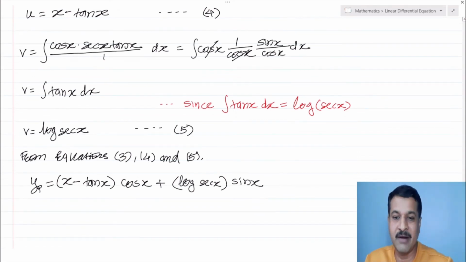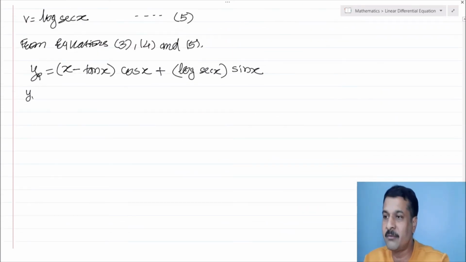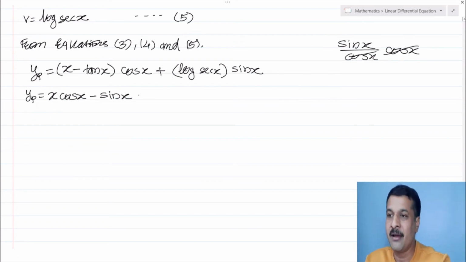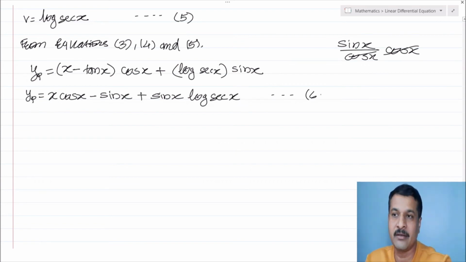So yp equals x cos x minus sin x, because tan x into cos x, what is tan? It is sin x by cos x, and into cos x, this cancels. So only sin x, plus sin x into log of sec x. So this is your yp, equation number 6.